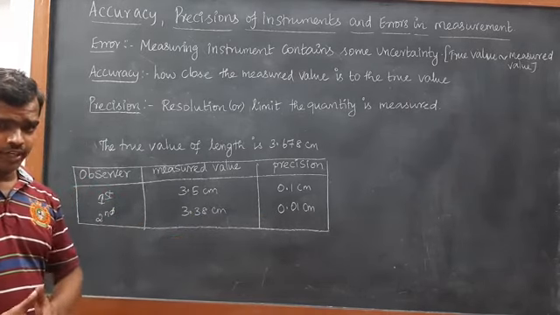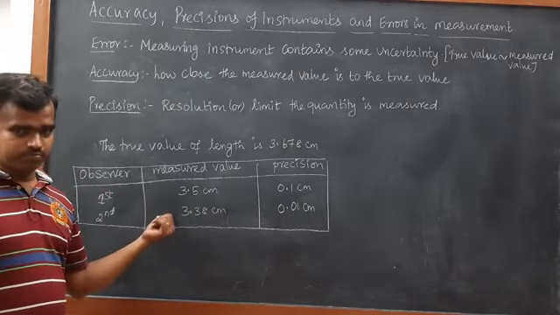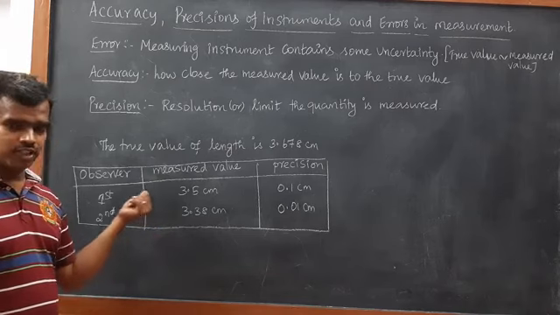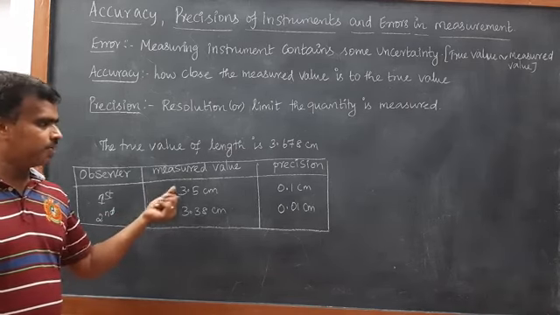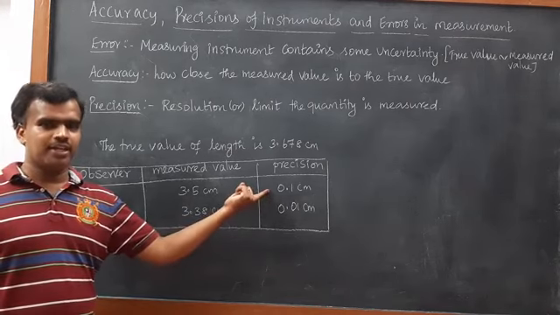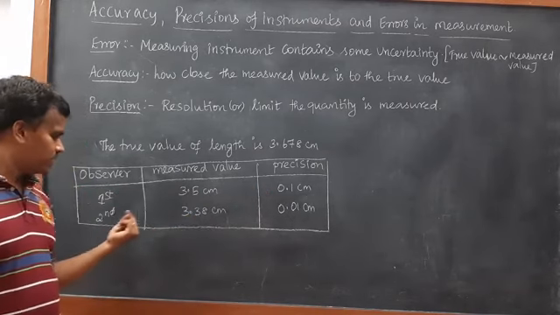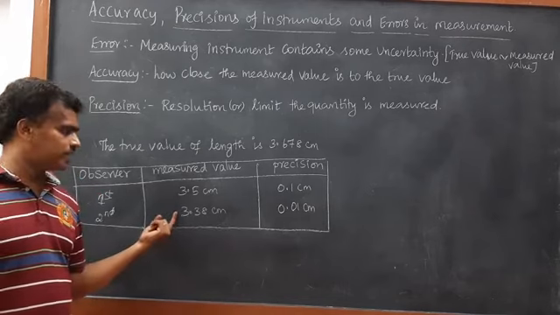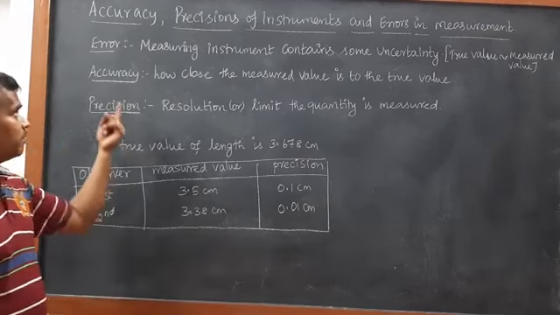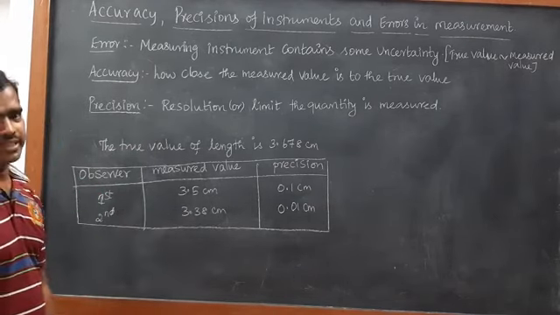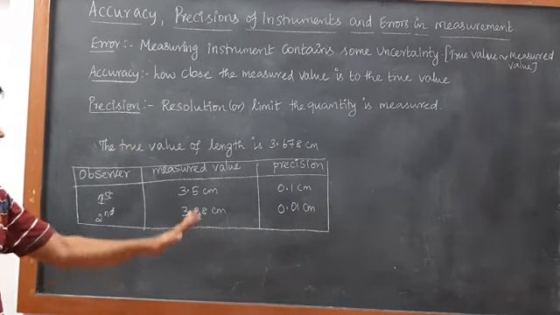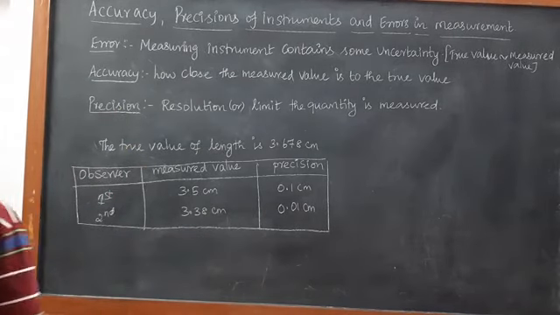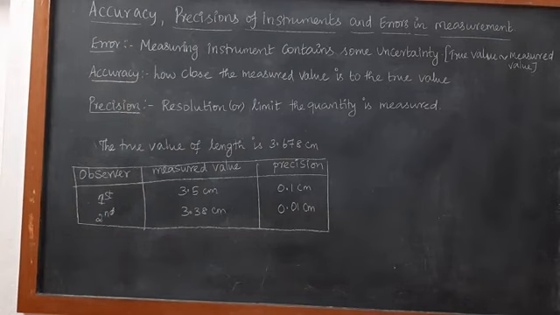So which one is more accurate? Of course, the first person has more accuracy but less resolution, less precision. Compared to the first, the second person has more precision, but some accuracy is missing in the second observer, right? So this is a very good understanding of error, accuracy and precision, and we can move on to errors.